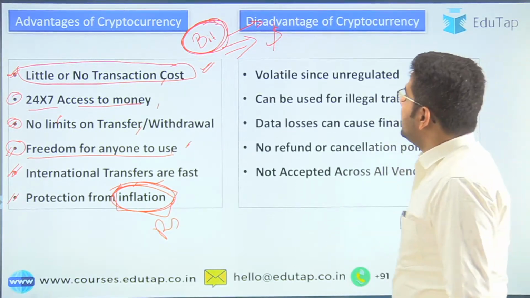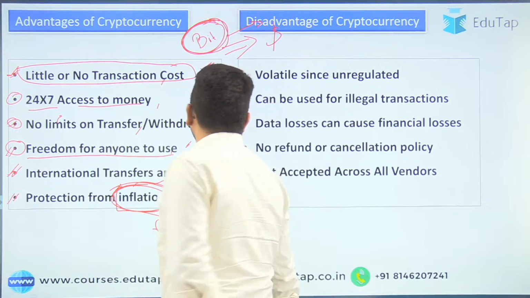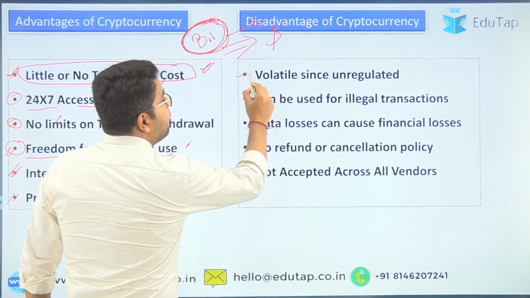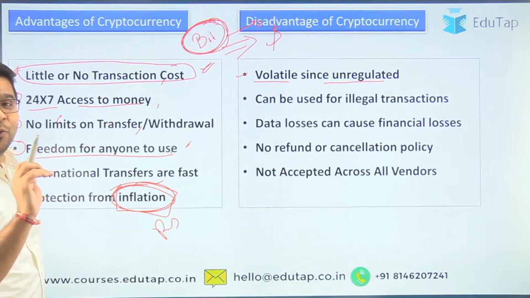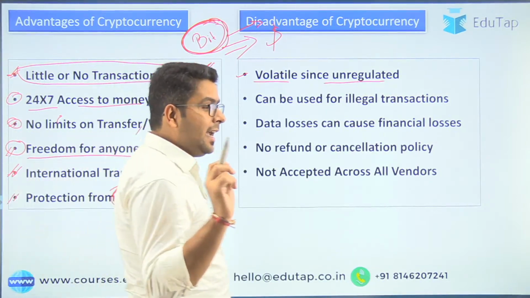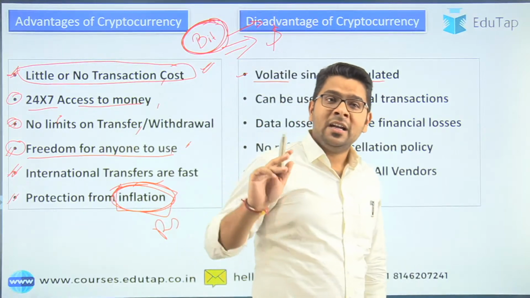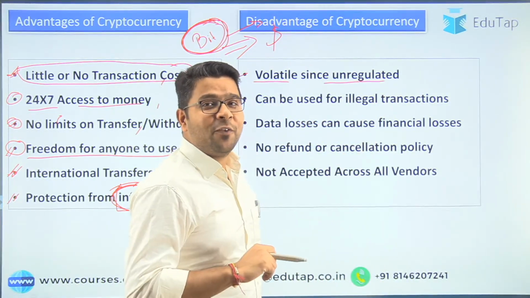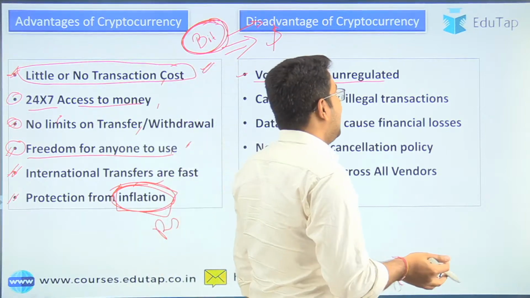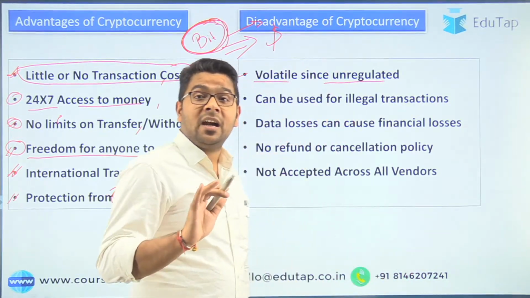So there are disadvantages, which are as follows. First is that it is volatile since it is unregulated. Guys, you might be aware that recently Elon Musk made a small tweet on Twitter, and the value of Bitcoin came down by a very large amount.